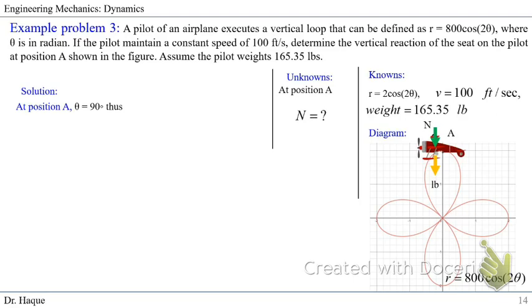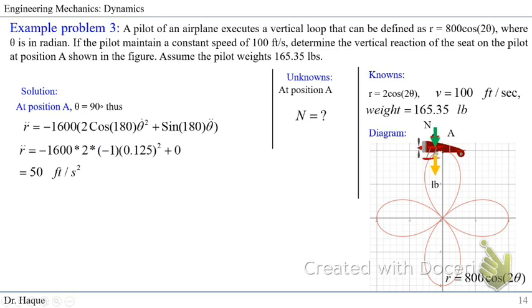So now we can move to solving the problem. At position theta equals 90, because this is the current position, r double dot, what is the value? We already have the equation for r double dot. We'll just plug in the value. So theta equals 90, there was 2 theta, so it will be 180 and 180 here. If we plug in the value, cos 180 is negative 1 and sine 180 is 0, so finally we get r double dot equals 50 feet per second square.